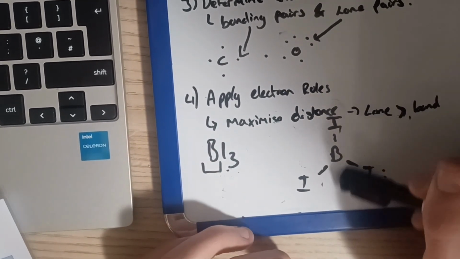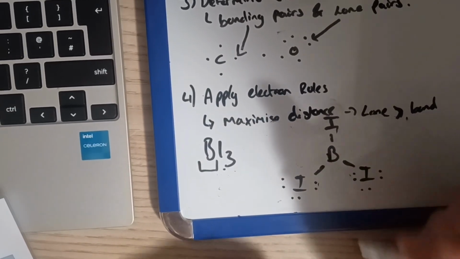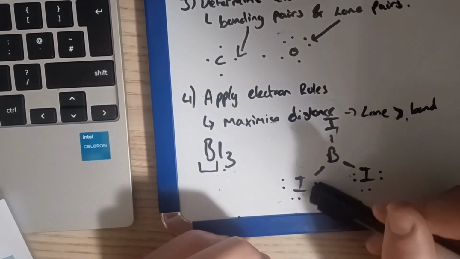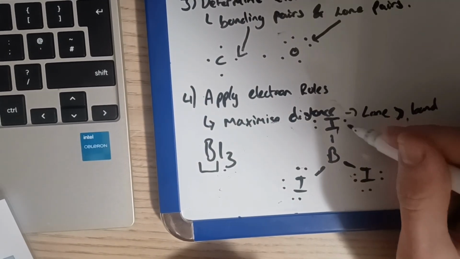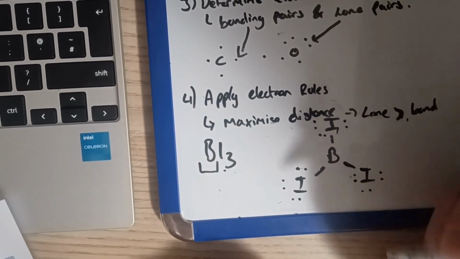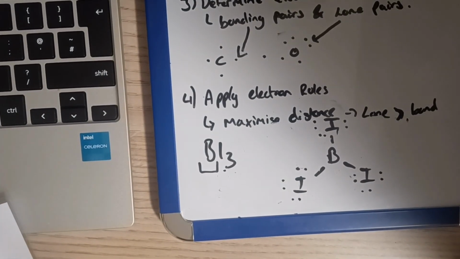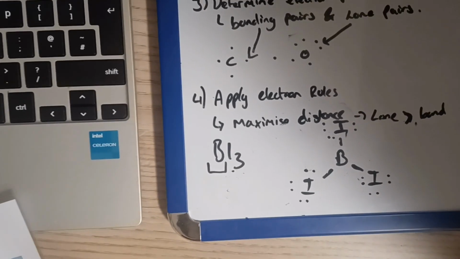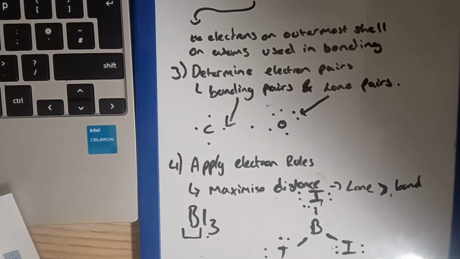Giving us this structure. Now I've made an oopsie with my drawing, so I'll put my other lone pair down here. There are probably easier ways of doing VSEPR theory while taking account of the lone pairs.